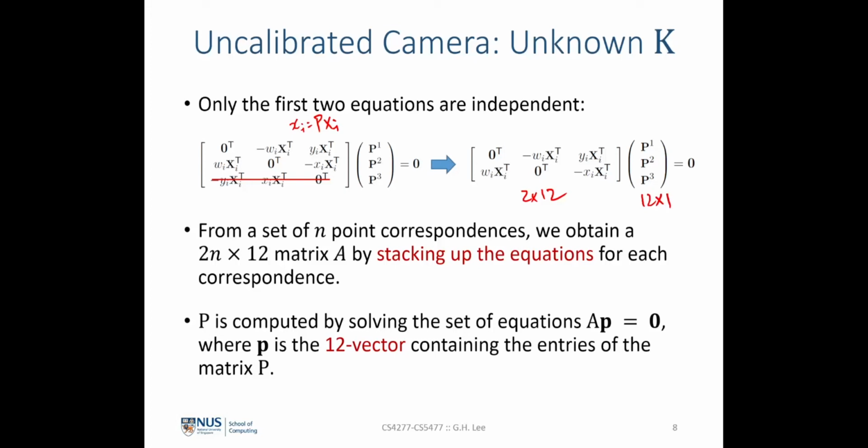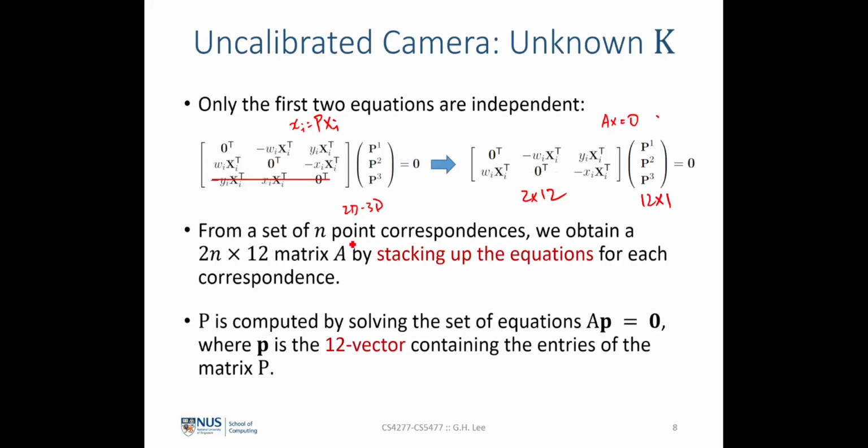So this simply means that we end up with a homogeneous linear equation of the form Ax equals 0. And given 2D to 3D point correspondences, we can simply plug these known correspondences in to find each one of these constraints in this particular matrix over here.